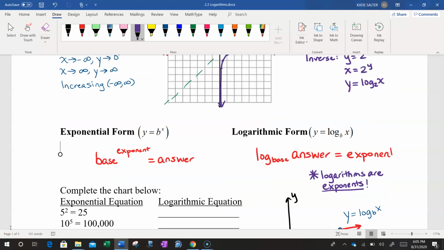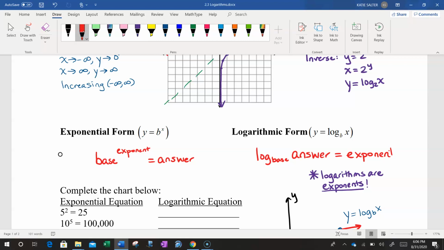As crazy as this is, how my high school teacher taught me how to do it has just always stuck with me. If it's in exponential form, you have some base raised to an exponent equals an answer. Then when you change it to logarithmic form, it becomes log, the base becomes the subscript, of the answer equals the exponent.